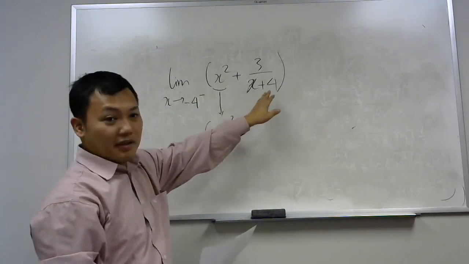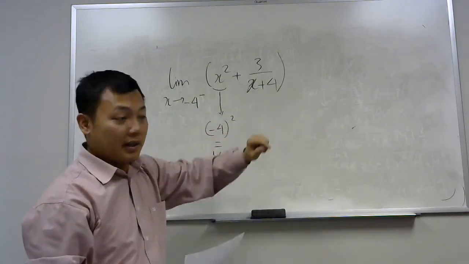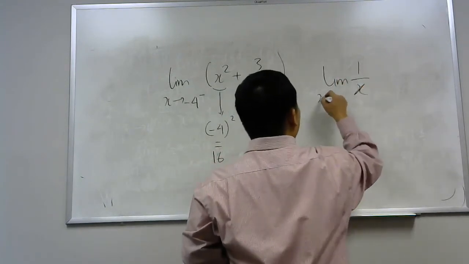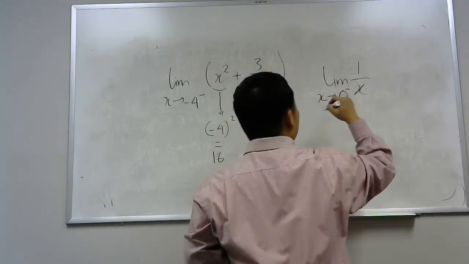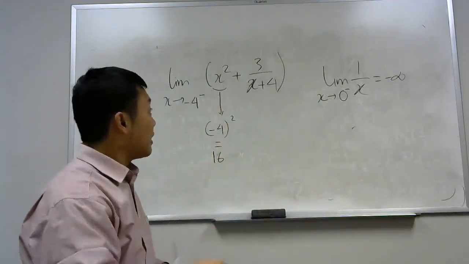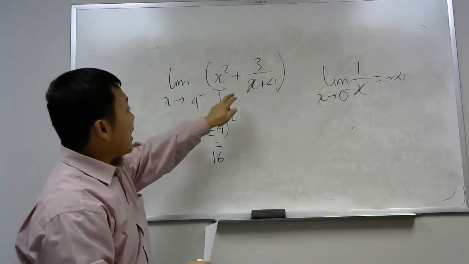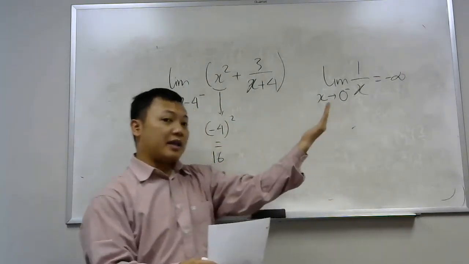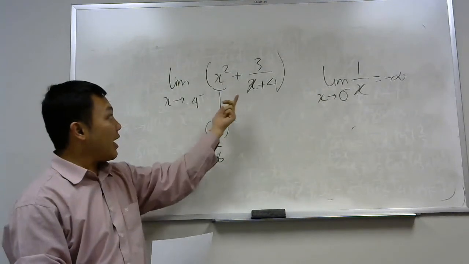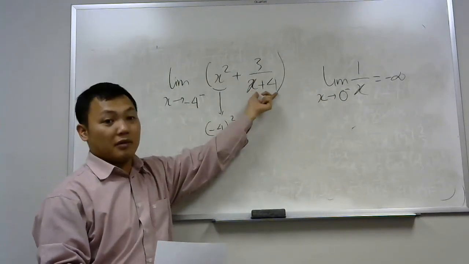This function is just similar to 1 over x. What is the limit of 1 over x when x goes to 0 from the left? That is negative infinity, right? Because you go to 0 from the left. And I just shift the graph of 1 over x to the left by 4 units. So that's why I have 3 over x plus 4, right?